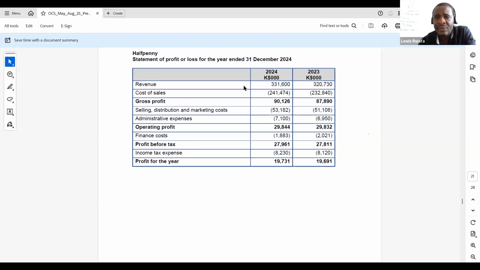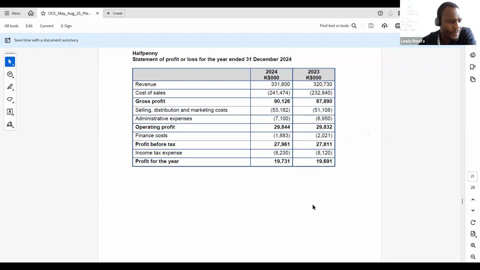Gross profit margin went from 27.4 to 27.2. Selling and distribution costs are pretty stable as well.